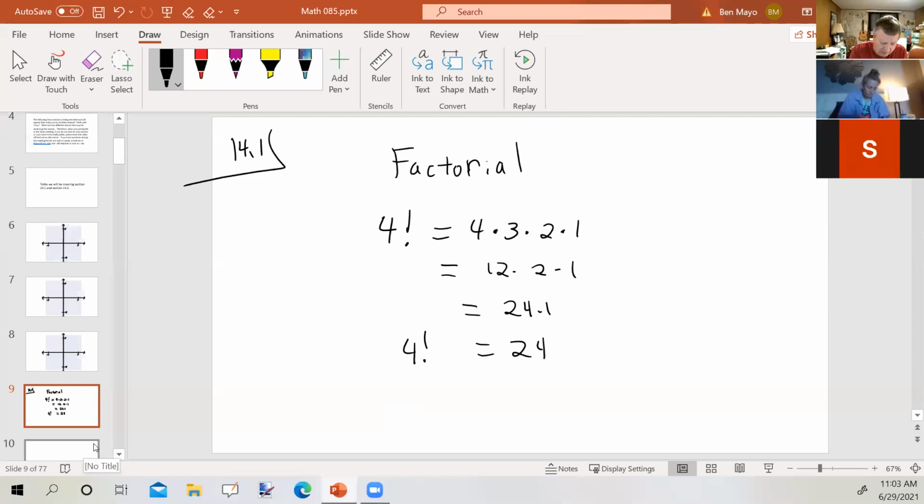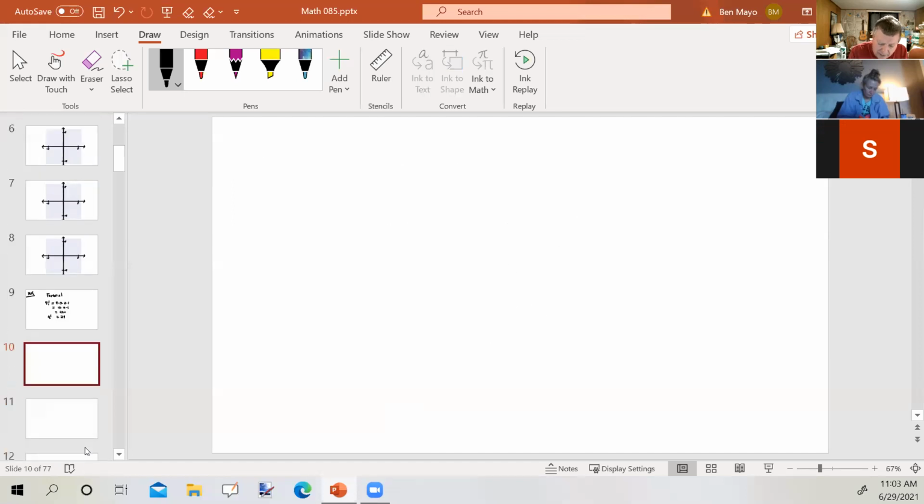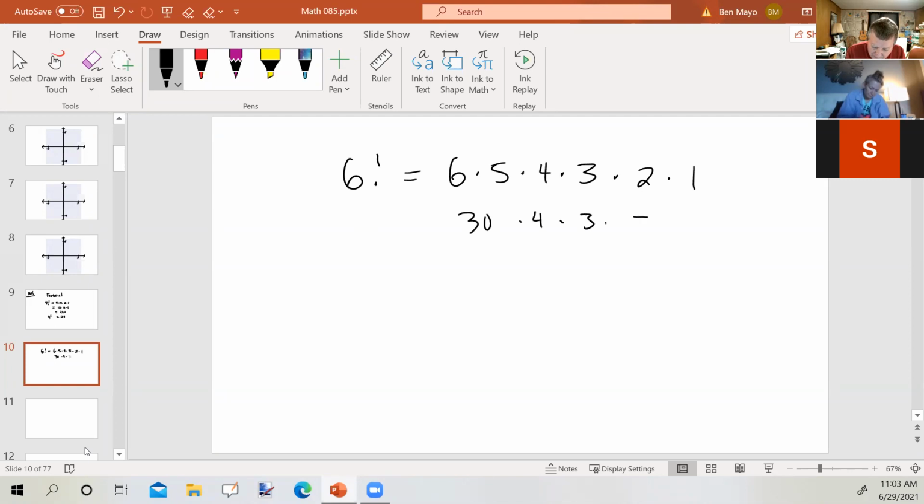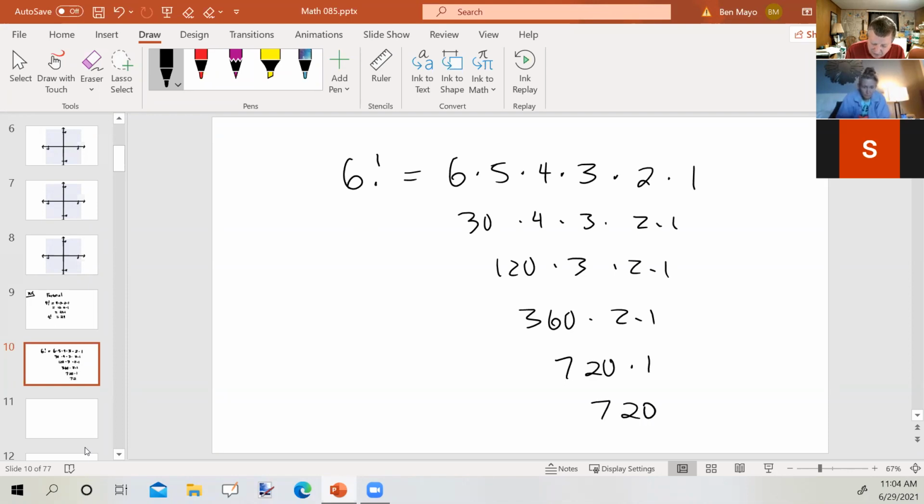All right, let's take a look at another example. Let's say we have 6 factorial. That's equal to 6 times 5 times 4 times 3 times 2 times 1. 6 times 5 is 30. 30 times 4 is 120. 120 times 3 is 360. 360 times 2 is 720. 720 times 1 is 720.